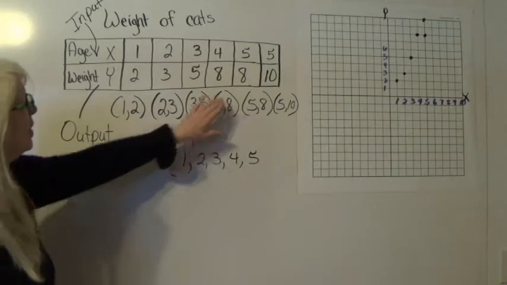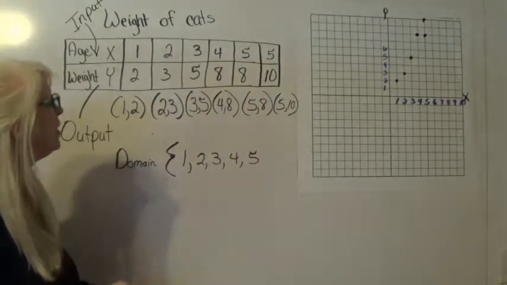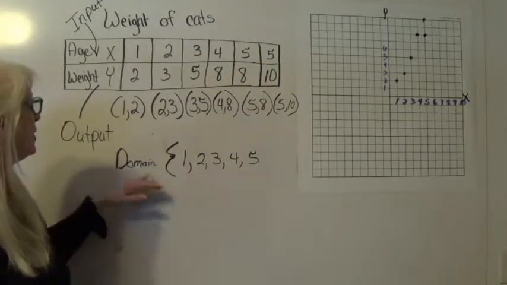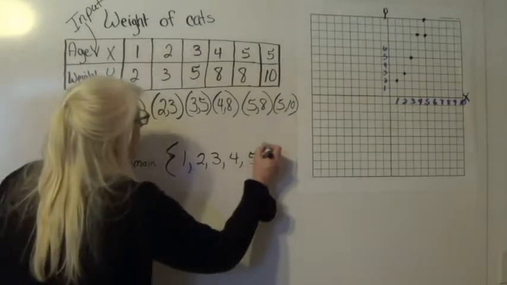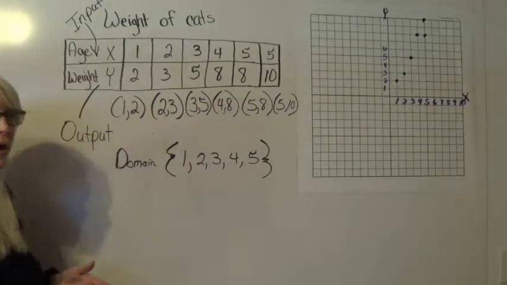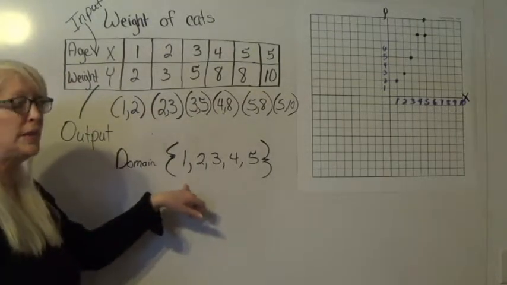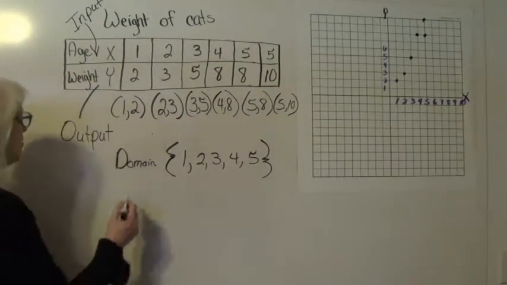Notice how I have a repeating x value. When it repeats in the domain, you're not going to list it twice, just once. Also, when you write your domain and range, put them in order from least to greatest.